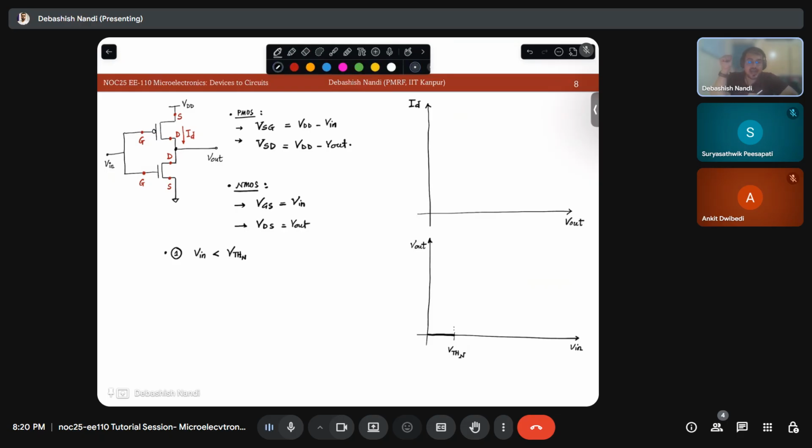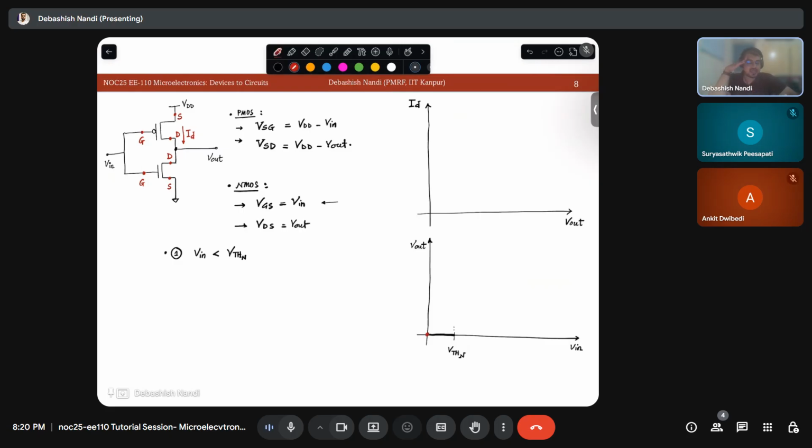Then what is the ID versus VD curve for NMOS? What is the status of NMOS then? Linear or saturation?